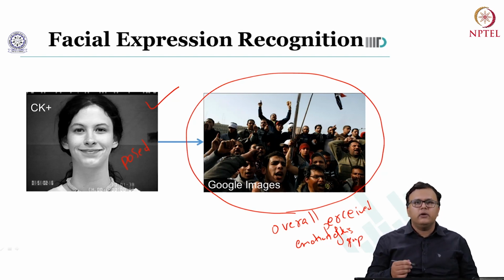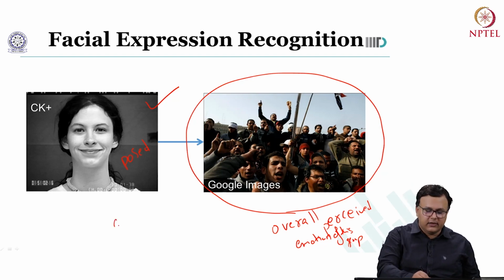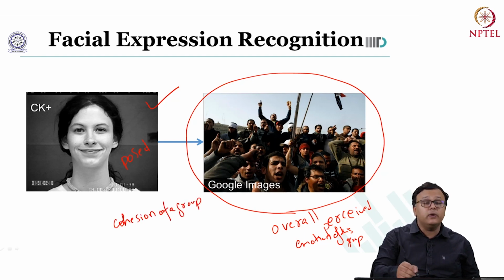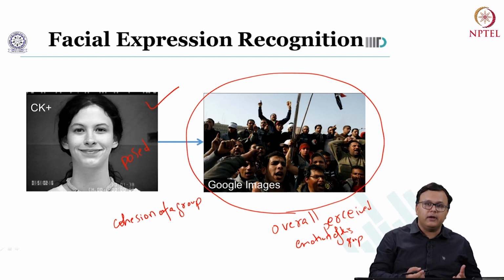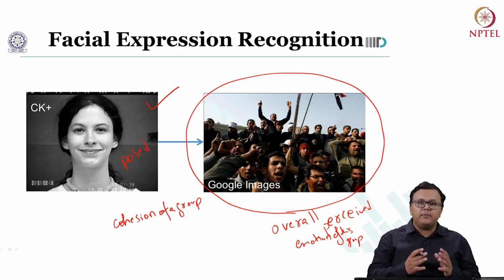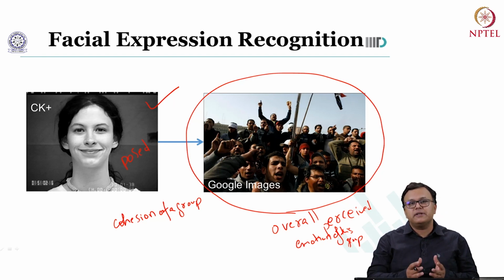And then we also see that in tasks such as understanding the cohesion of a group, that is an indicator of, let's say, the unity within a group. The task where we want to understand how a group of people are performing. In that particular case, the facial expressions along with other cues give us a vital cue.